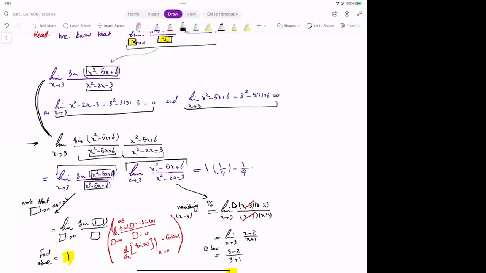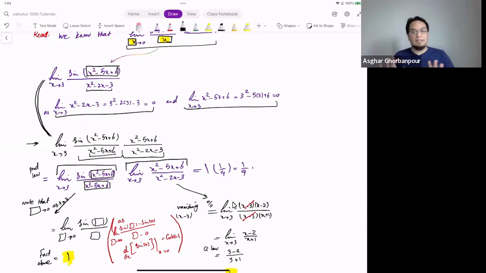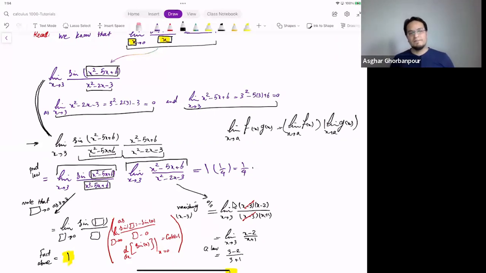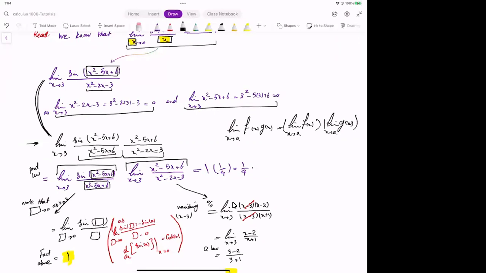I didn't get rid of the sine. I just separated. The limit of f x times g x as x goes to something is the same thing as finding the limit of the first one and the limit of the second one and then multiplying them. Okay. Yeah.